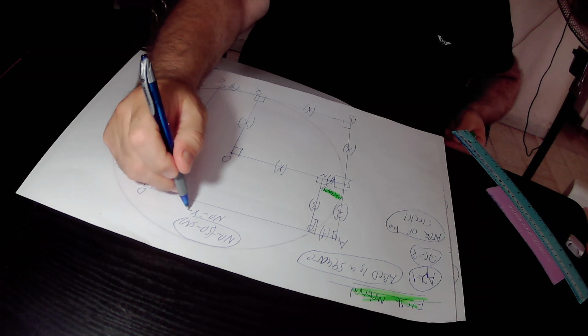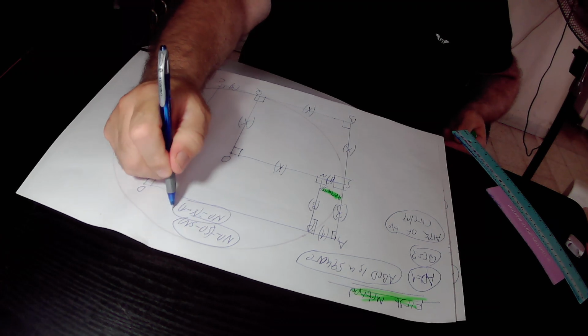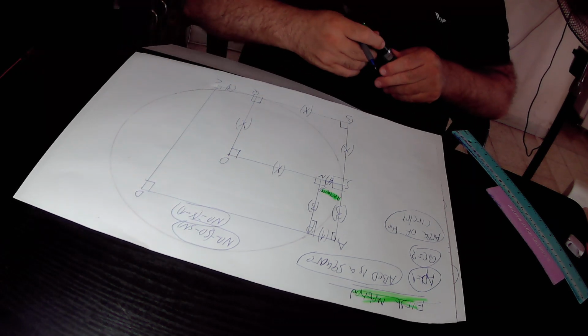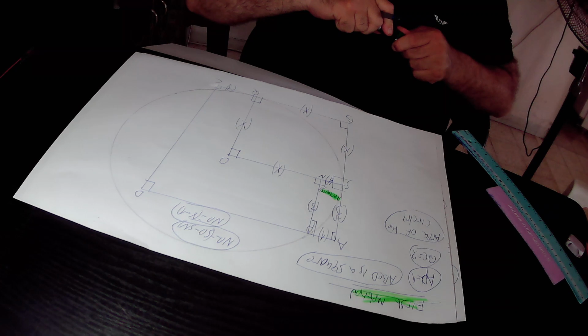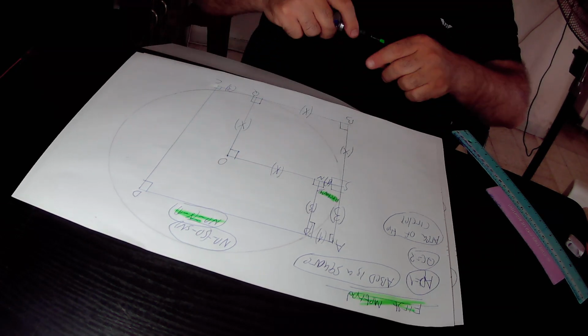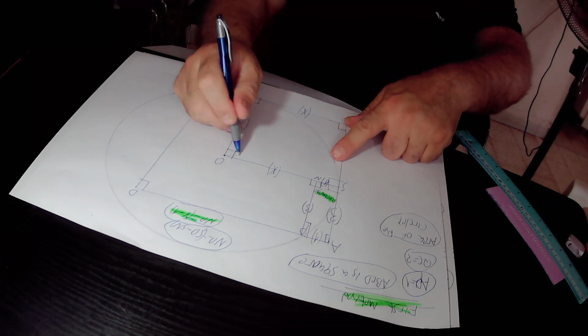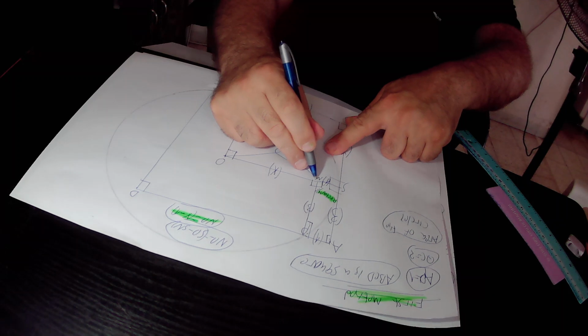SN is 1. So in total, NO equals X minus 1 unit in length.